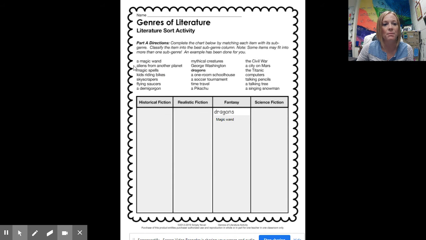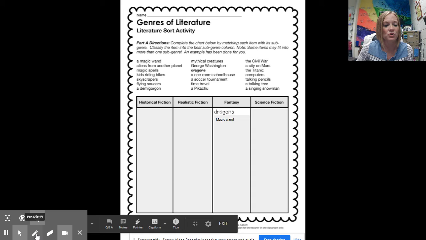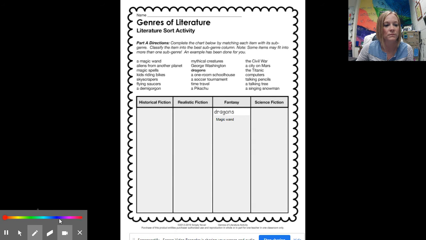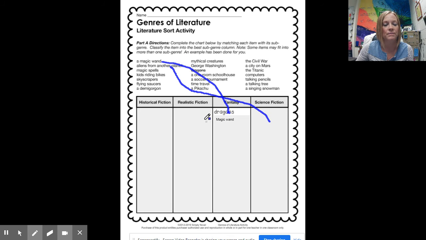Again, magic wand goes under fantasy, so would magic spells. Maybe we'll draw an arrow to show where these go. Let's do blue today. So we said magic wand is going to go here. We said aliens is going to go to science fiction. Magic spells, we said, is also going to go to fantasy.